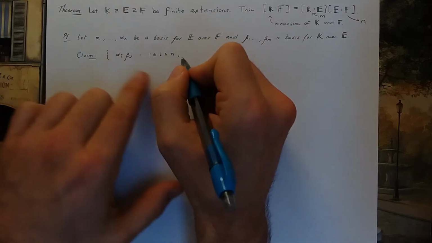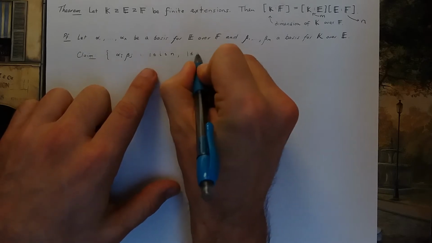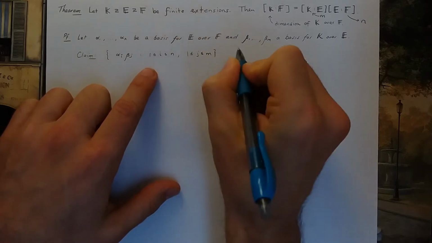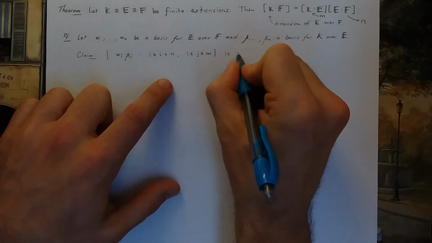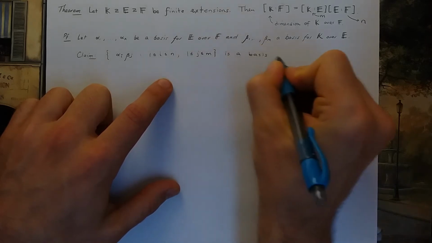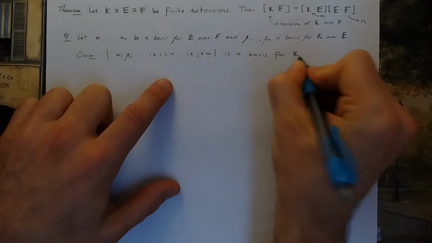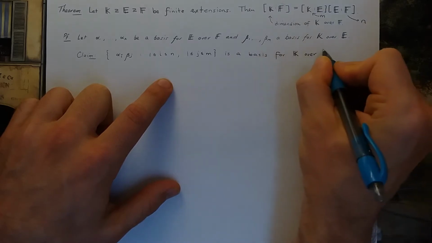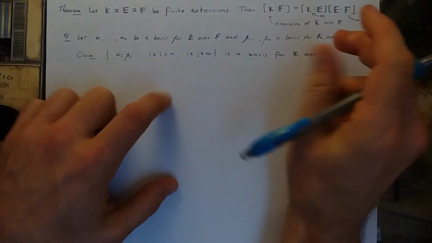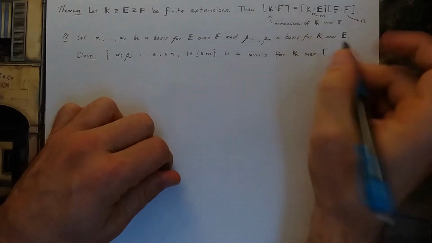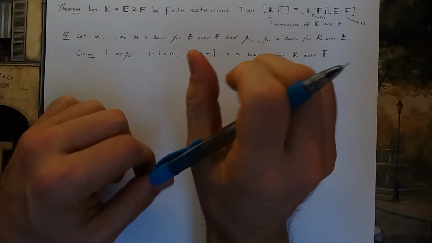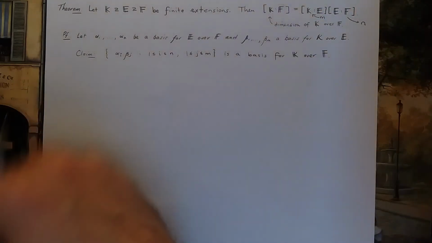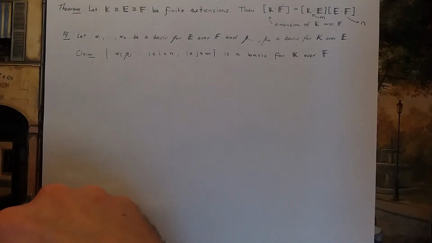And I claim that when you do that, you get a basis for K over E, or excuse me, F. So I'm claiming that something is a basis.